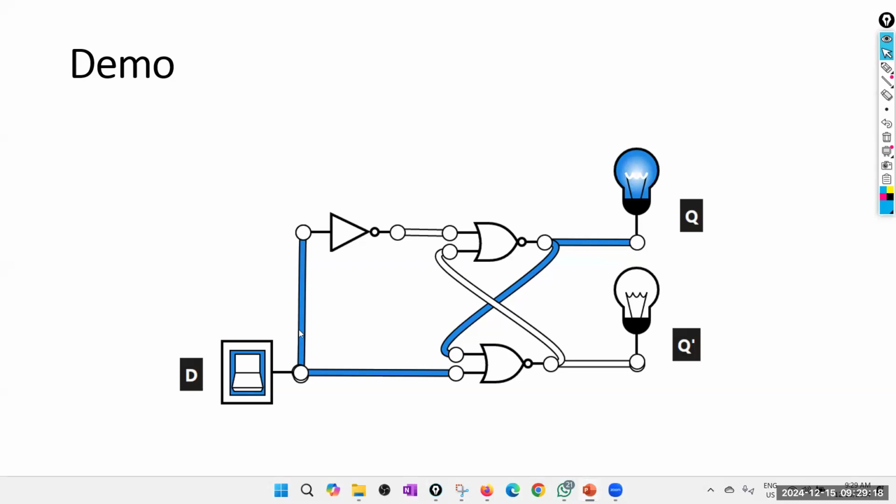Because you don't have memory, if there's a stray signal to the D input, your state changes. Your state changes because you have set it, there's a stray signal, make it 0. All of a sudden now it is reset. So that is the disadvantage with D latch. Okay, as long as your D is very stable, this is okay. But when there's a possibility of stray signals, this D latch is susceptible to issues.